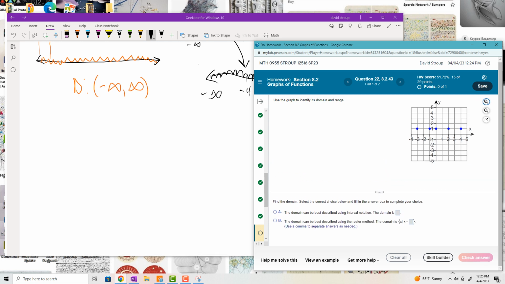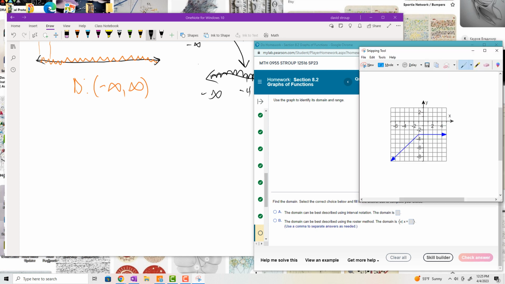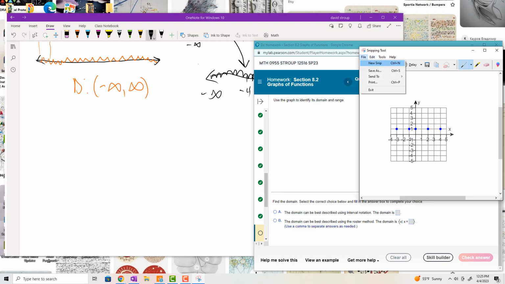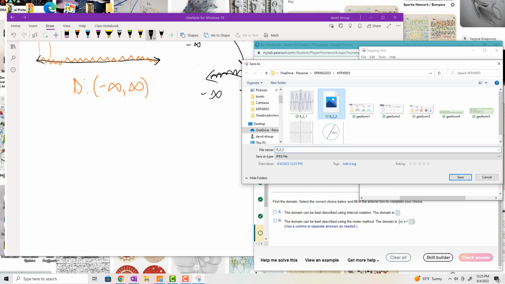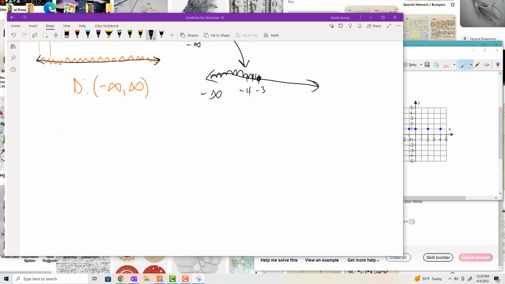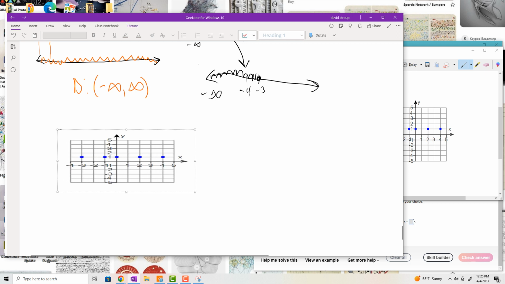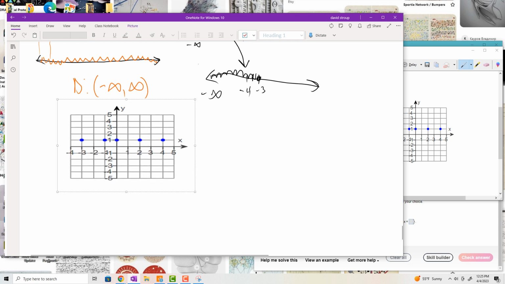Okay, so on the x-axis, the shadow cast is a bunch of dots, right?